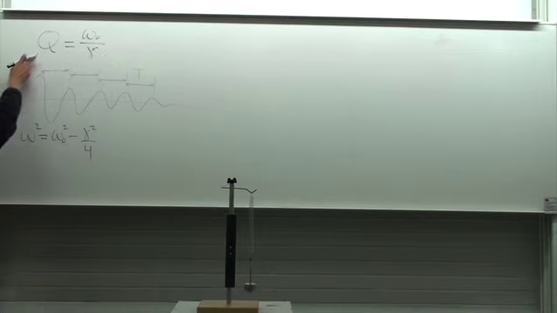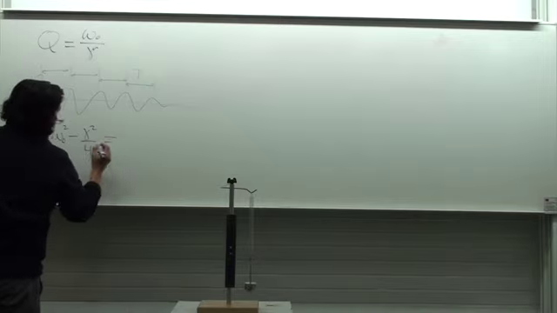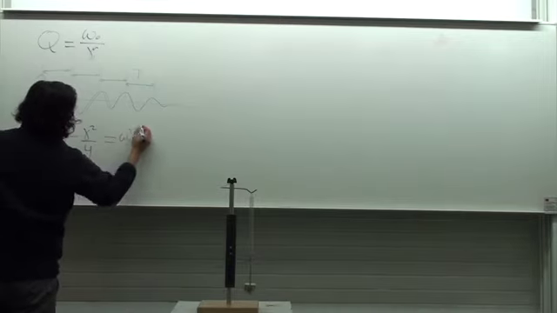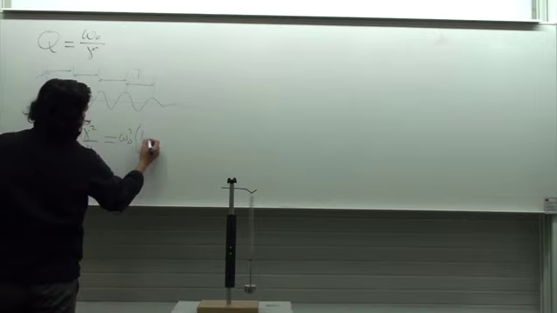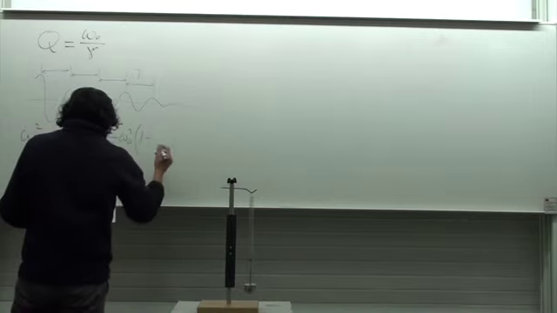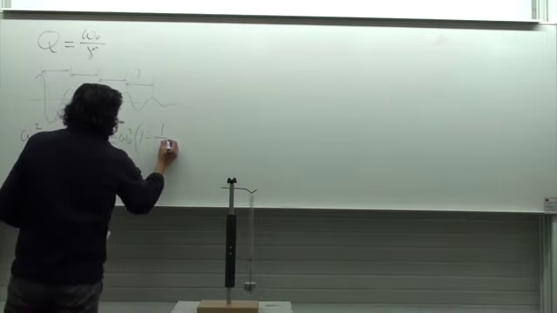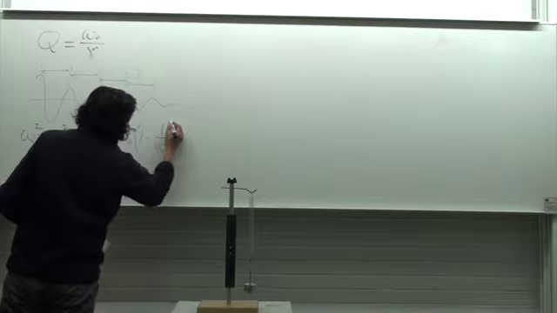Gamma squared is omega 0 squared divided by Q squared. So I can write this as omega 0 squared times 1 minus 1 over 4 Q squared.